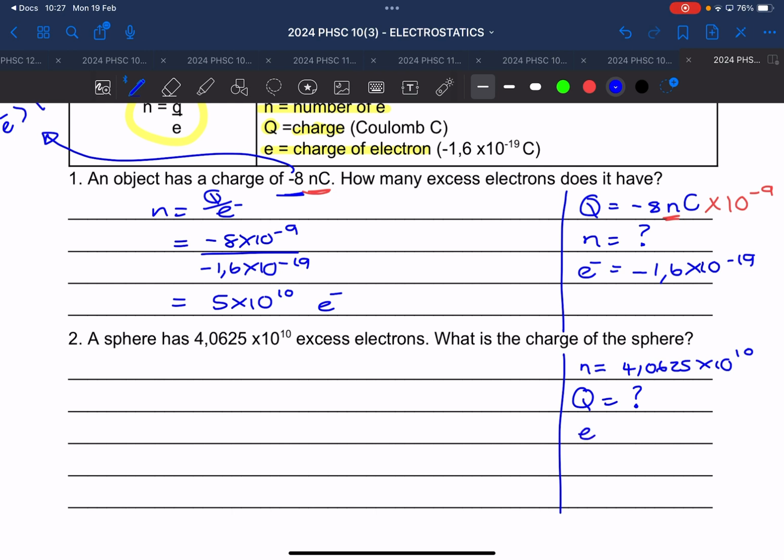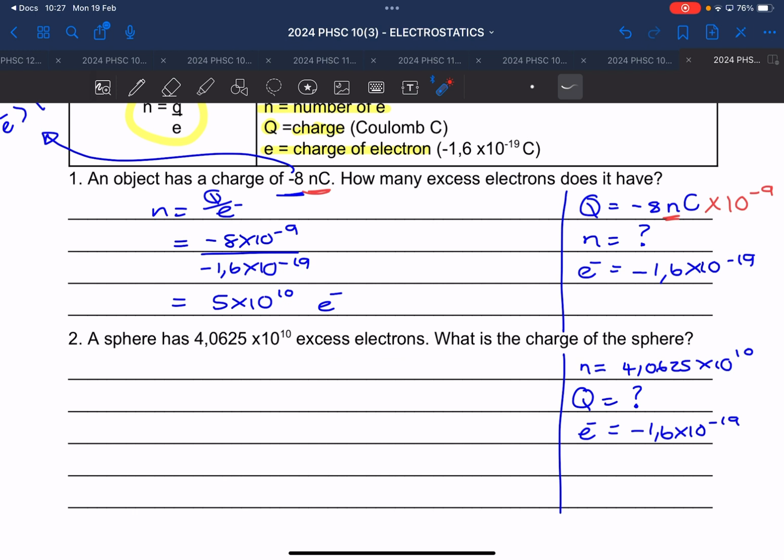Alright, and the charge of an electron is given on your data sheet. Now let's say, when they say it has excess electrons, too many electrons, your prediction, what will Q be? Will Q be positive or will Q be negative?